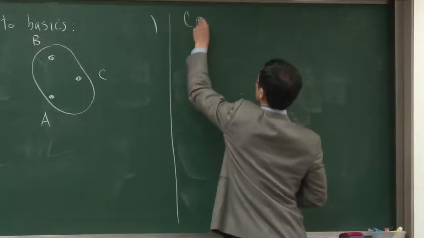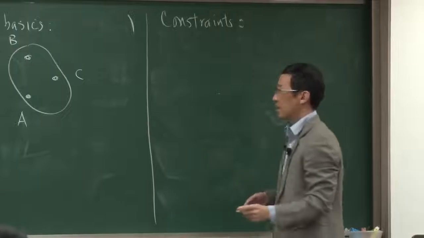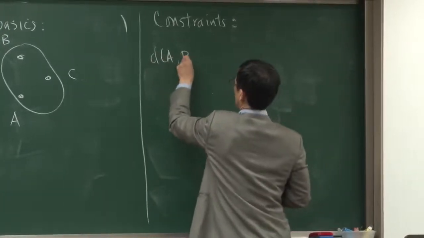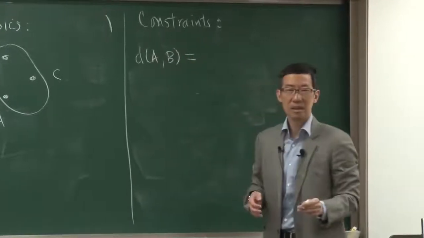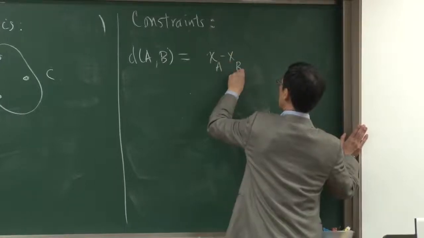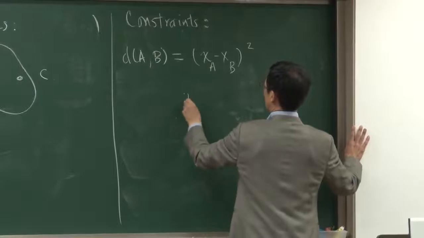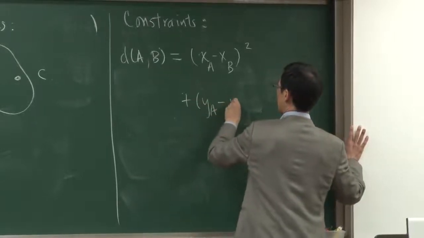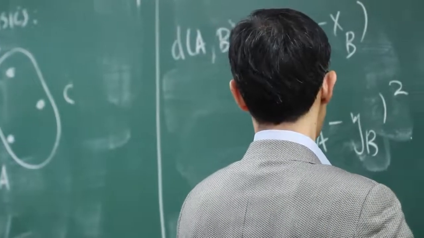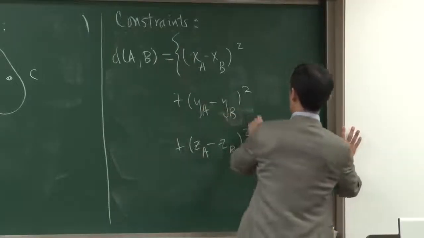So the constraints: the distance from A to B is, well, let's write down the formula. It's xa minus xb squared plus ya minus yb squared plus za minus zb squared, the whole thing square root.